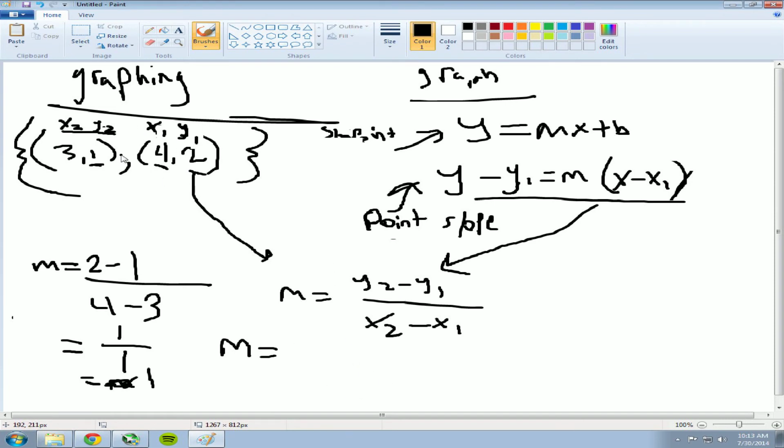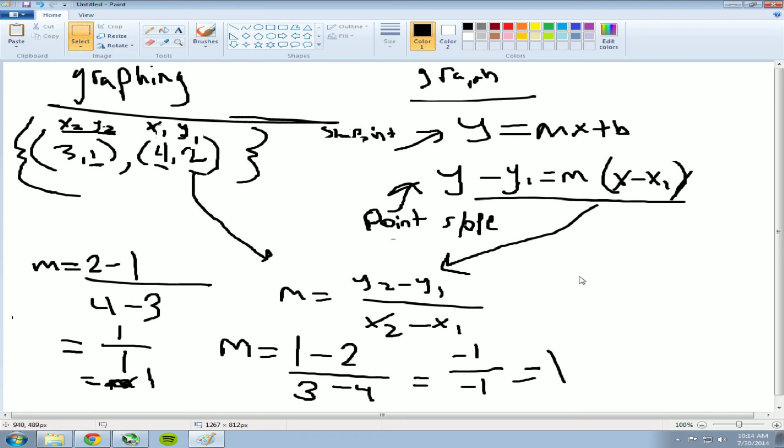So y2 is 1, minus y1 is 2, over x2 is 3, minus x1 is 4, and you get 1 minus 2 is negative 1, over 3 minus 4 is negative 1, and negative 1 over negative 1 is equal to 1. Multiply or divide negatives, you get positive.